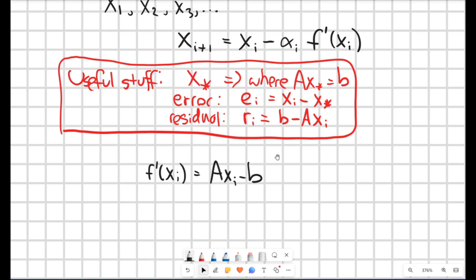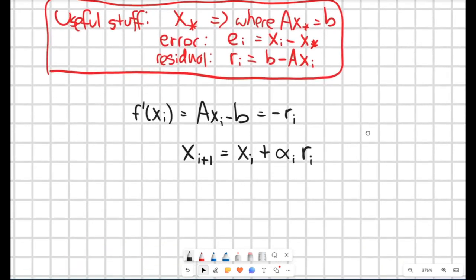And then if we look at our residual, the definition here, we can see that this is actually equal to the negative residual in the ith iteration. And so now our steepest descent algorithm looks like this. It looks like x at i plus 1 is equal to x i minus, or rather plus, because I have a minus times a minus here, plus a constant multiplied by the ith residual.